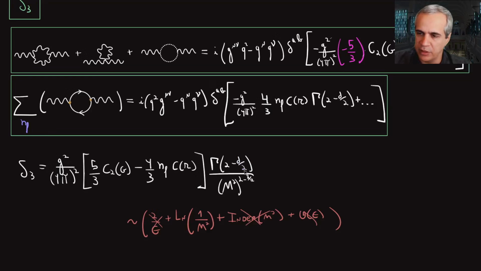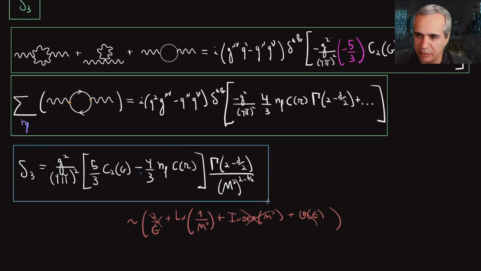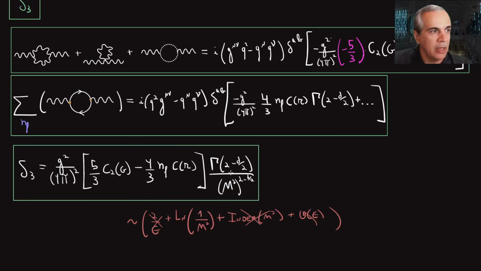As I go to d equal 4, that is exactly this one, right? So I don't care about the other finite or m square independent terms that might appear. That implements the kind of scheme I want to use. So now I got the counter term delta 3.